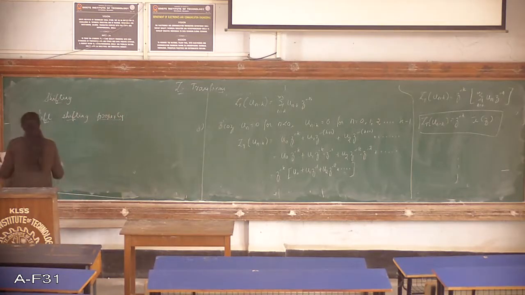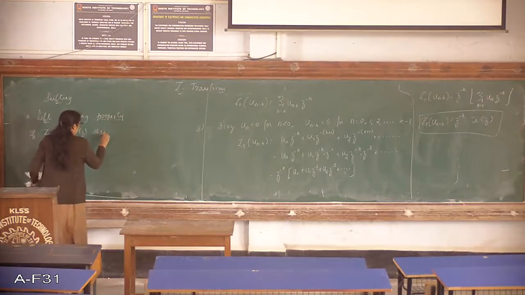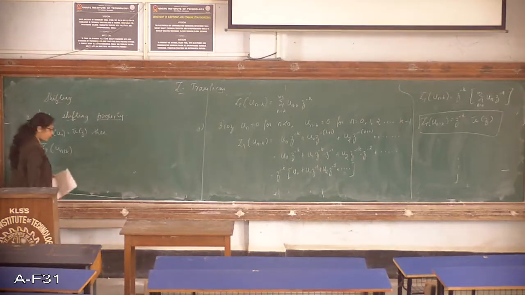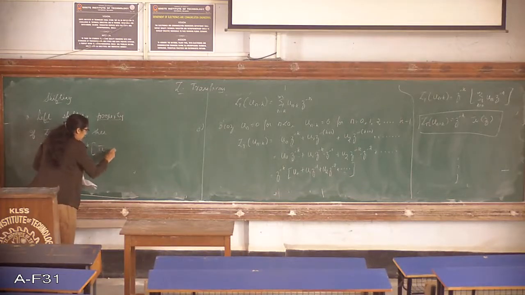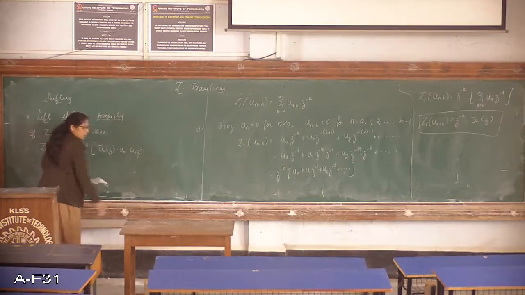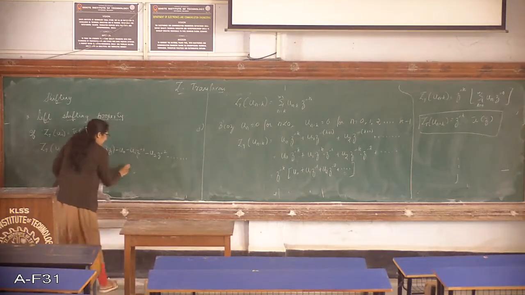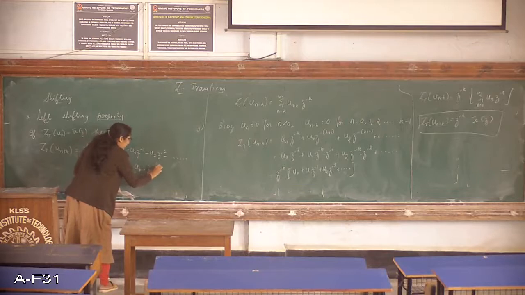The statement says that if the z transform of u(n) is u bar of z, then the z transform of u(n plus k), see, for the right shifting property we had u(n minus k), here it is u(n plus k), is equal to z raised to k times u bar of z minus u naught minus u1 z raised to minus 1 minus u2 z raised to minus 2 minus so on, minus u(k minus 1) z raised to minus (k minus 1).